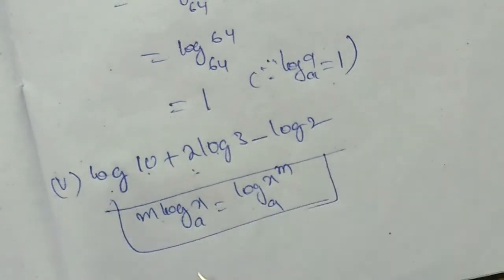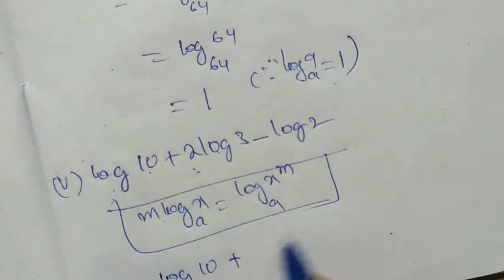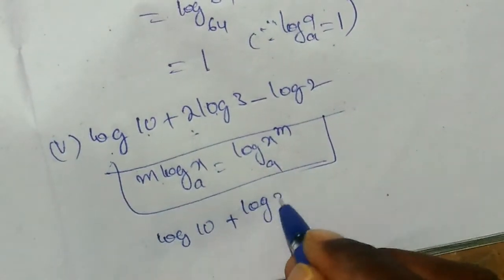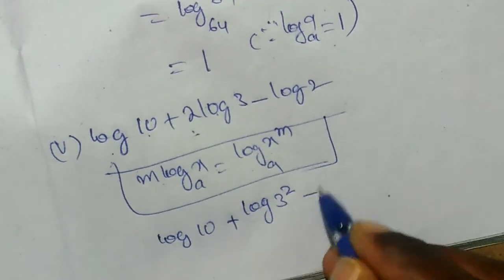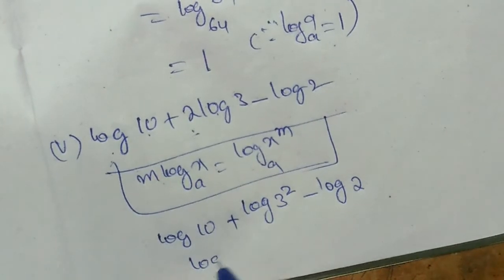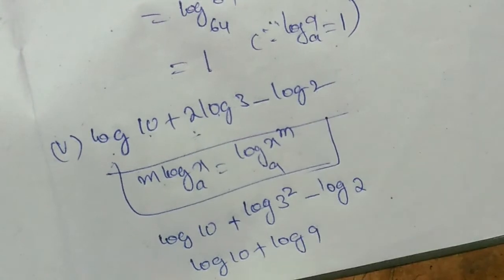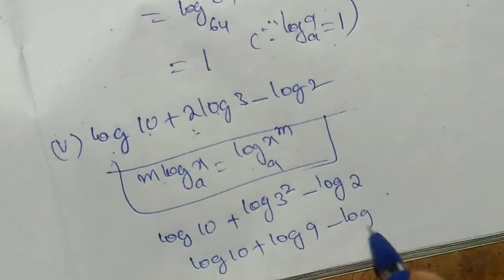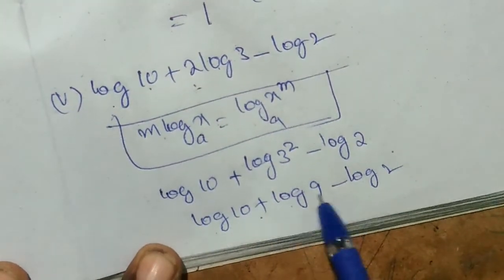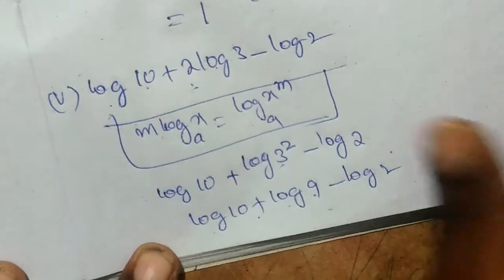I am going to apply this formula. So log 10 plus log 3 square minus log 2, which is log 10 plus log 9 minus log 2. 3 square means 9.